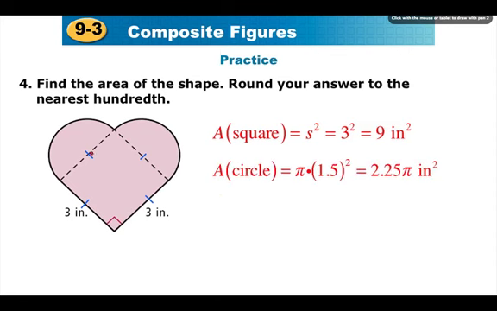The radius is actually half this side, which is 3 inches. So that's why I have 1.5. Punch this into the calculator and I leave it in terms of pi. In this case, since I have these 2 areas, I'm going to add them. I'm not going to subtract. Once I do that and round to the nearest hundredth, this is the answer that I get, 16.07 square inches. Let's go to the next slide.